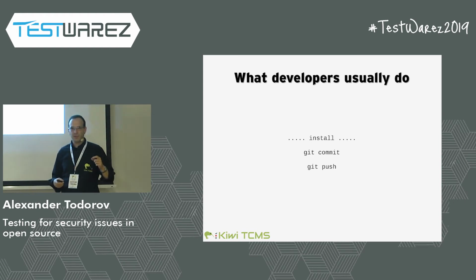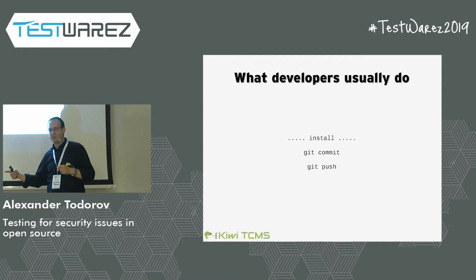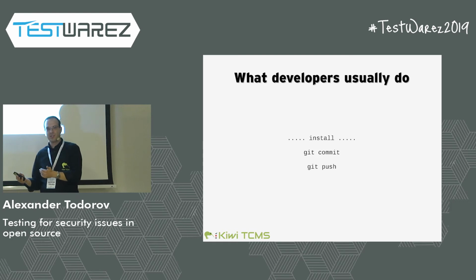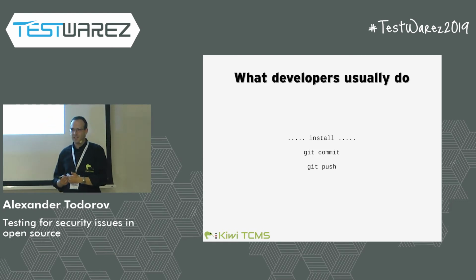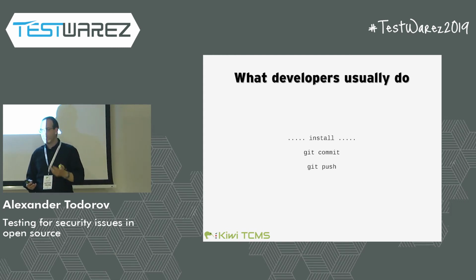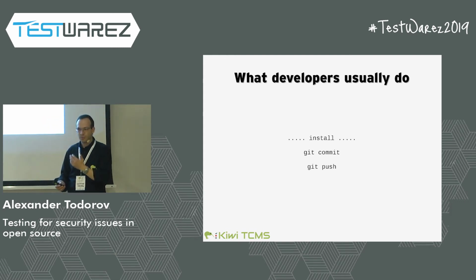You have a problem, first thing you do, search on the internet: do I have an open source library that solves this particular class of problems? You find several, play with them a little bit, usually pick the one you like the most or the one in which you can understand the README and how to integrate. Write a little bit of glue code to add this into your current project. Git commit, git push, and this thing goes into production.